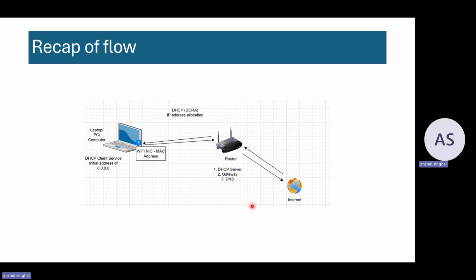So every request from any laptop connected to this network via the router will always go through the router, and then the router will send the request to get the data, and as soon as it gets the response from the internet, it is going to send this data back to the client, right?